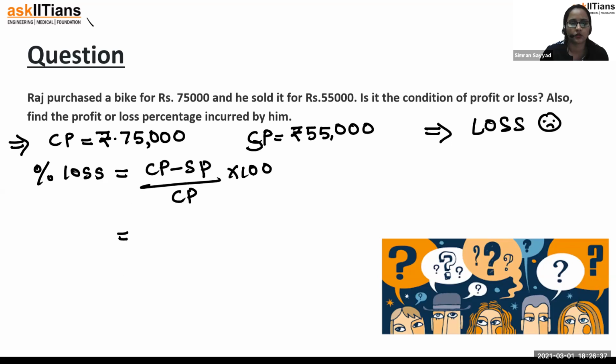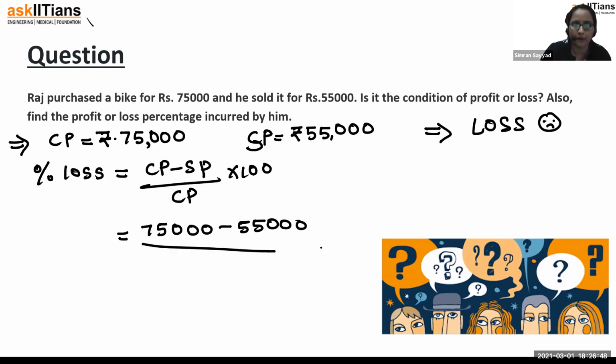Here, what is CP? 75,000 minus 55,000 upon the cost price 75,000 into 100. So what is 75 minus 55?